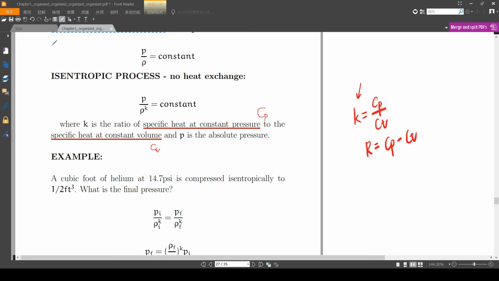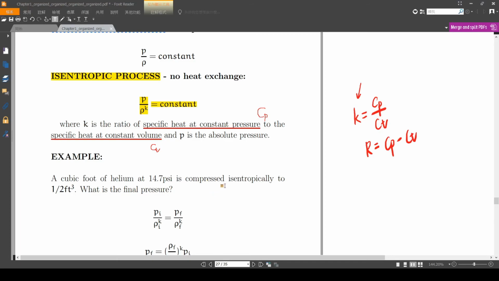So it mentions an isentropic process here, and you get this relationship. Remember the pressure is the absolute pressure, okay? The pressure divided by the density to the power of a certain constant K here, and this will equal a constant.